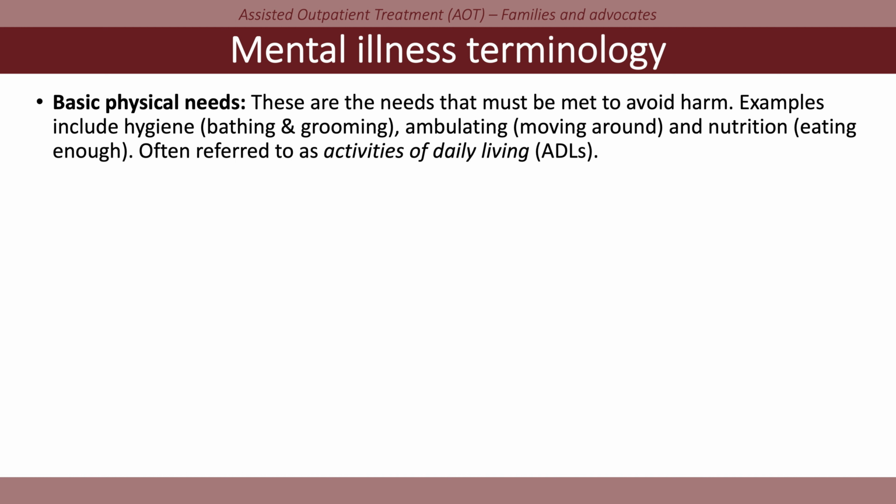There are other activities of daily living that are also important to keep in mind. So in situations where someone's mental illness is impairing their ability to continue with their vocational training or schooling, to continue with their employment, that's also an area of concern and something that can be considered when looking at the possibility of an assisted outpatient treatment.